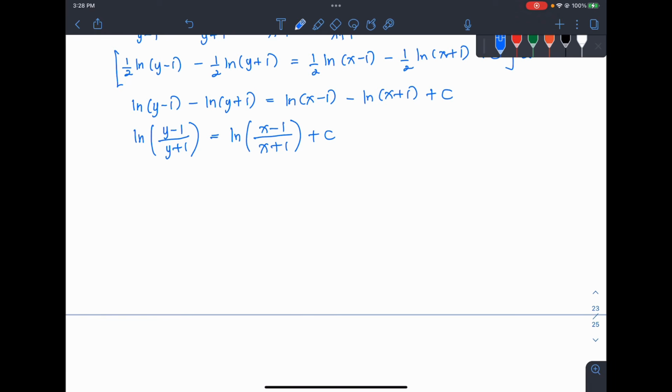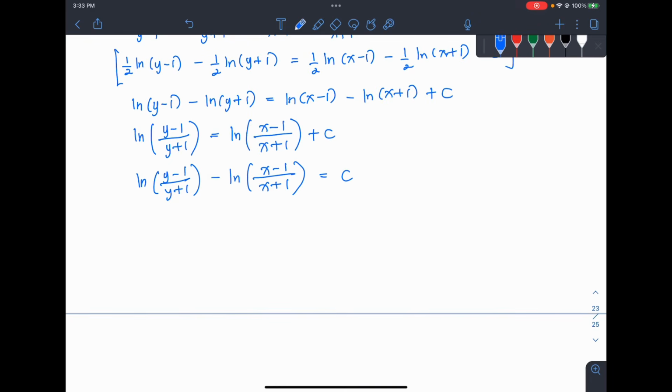Then we move it out to the left, so ln of y minus 1 over y plus 1 minus ln of x minus 1 over x plus 1 equals c. So this one will become ln of y minus 1 all over y plus 1 divided by x minus 1 all over x plus 1 equals c.